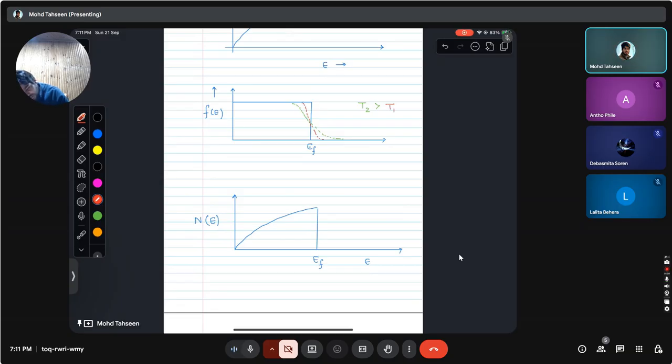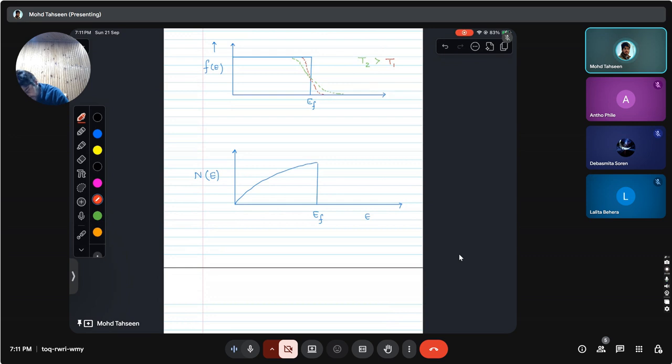Similarly here, the same trends will be observed, because we are just taking a product of the two functions. Same here. In green we have T2, which is greater than T1.